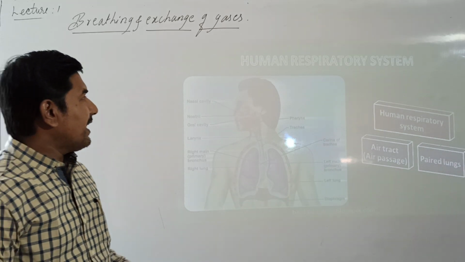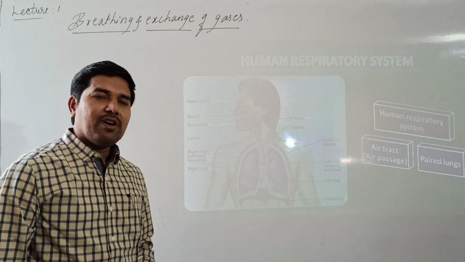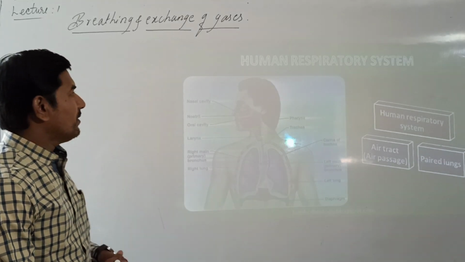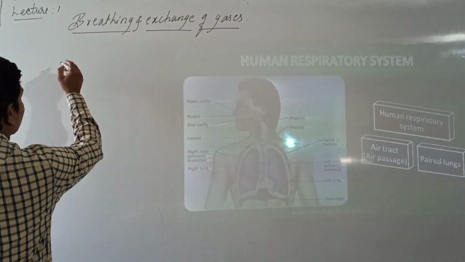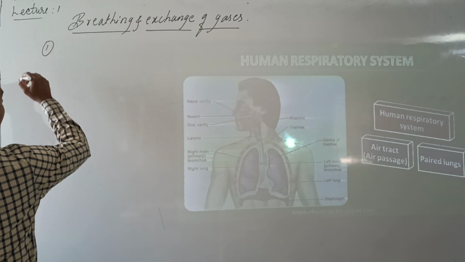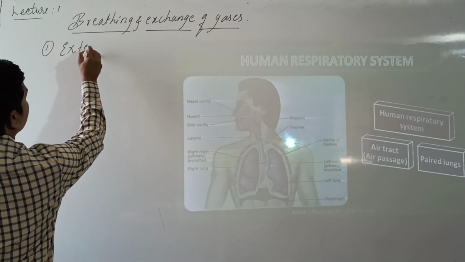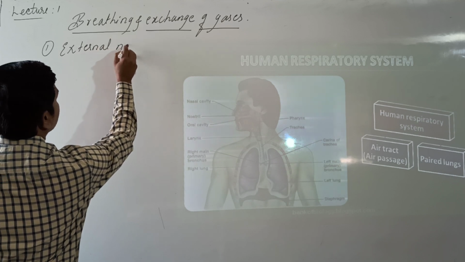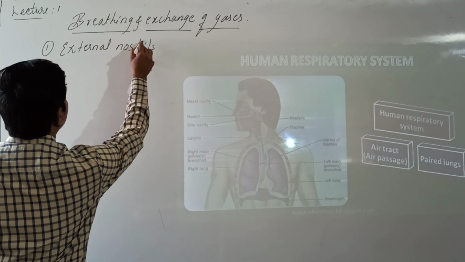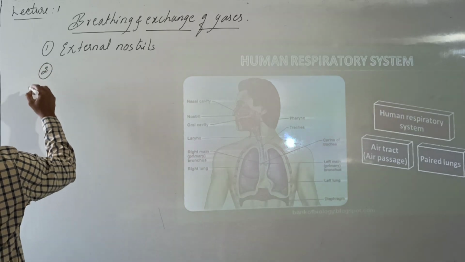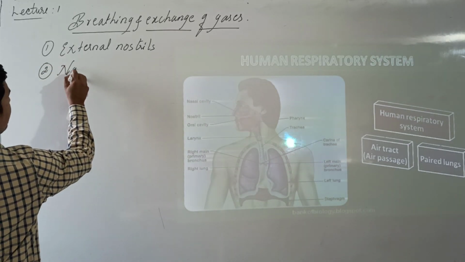Now, let us enter into the direct part of the human respiratory system. The human respiratory system consists of what? First one is external nostrils. Second one is nasal cavity.